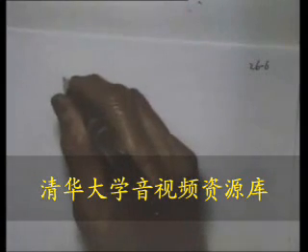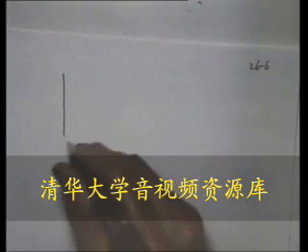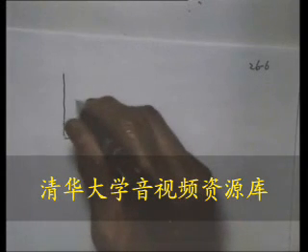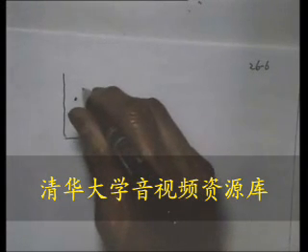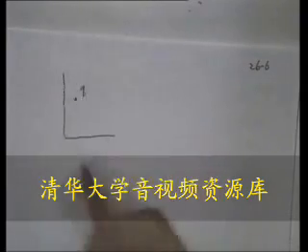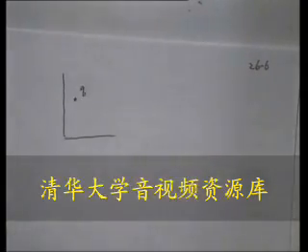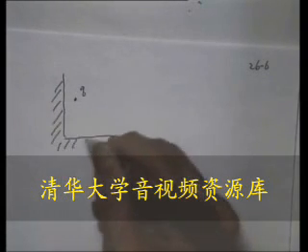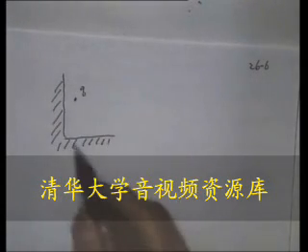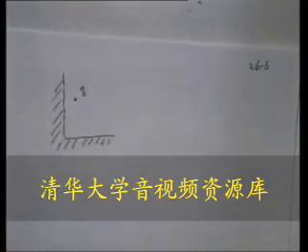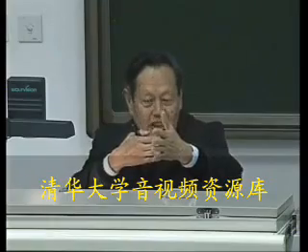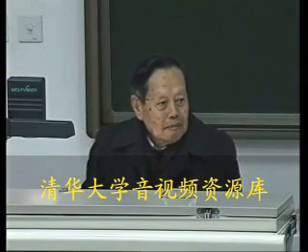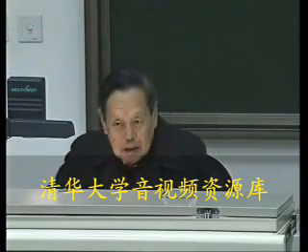Now let us take another image problem which we have discussed. Suppose we have a charge here, and this is a half plane. This is a half plane, a right-angle corner, with a Q here.